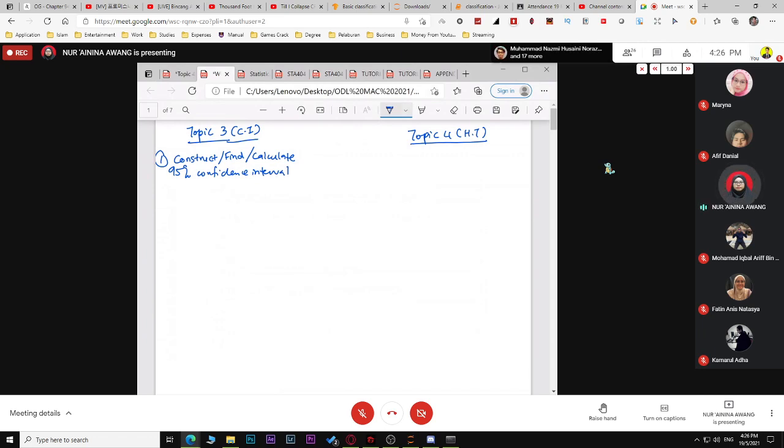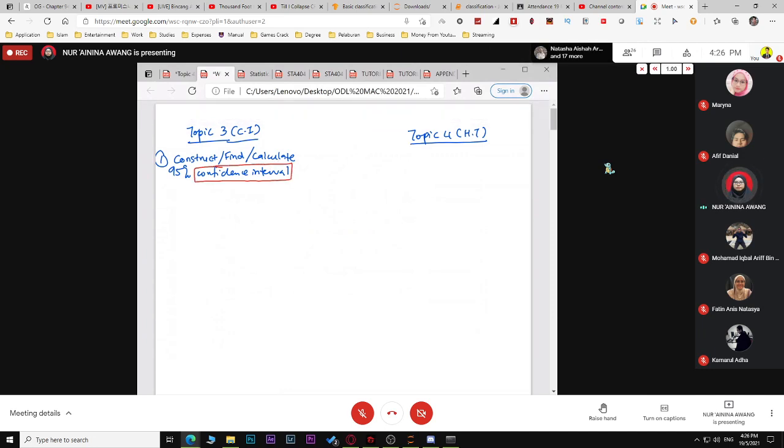So the keyword here is confidence interval. If the question asks you to construct or to calculate or to find the confidence interval, we know that we need to find the lower and upper limit.